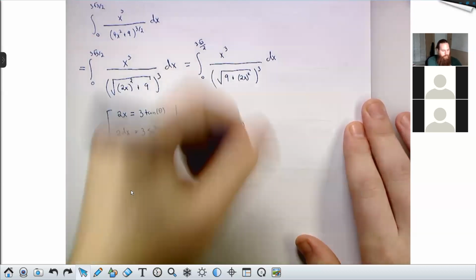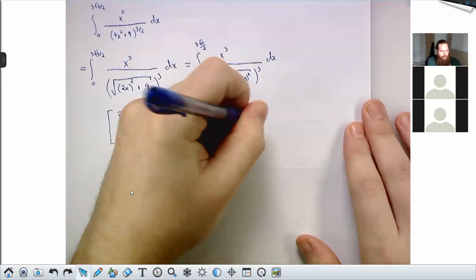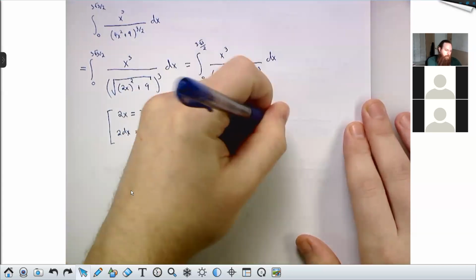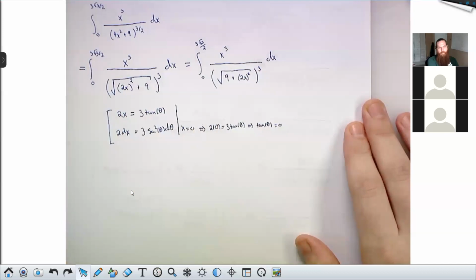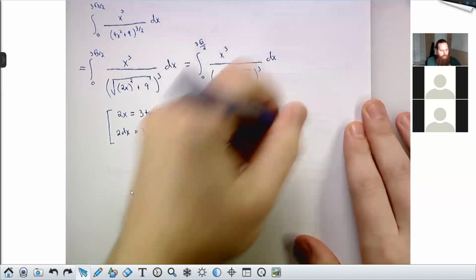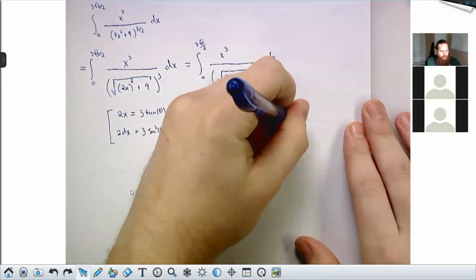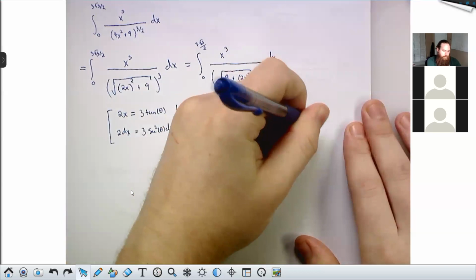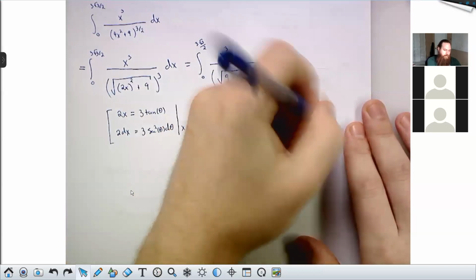In other words, tan theta equals 0. So theta is the inverse tangent of 0, which is 0.